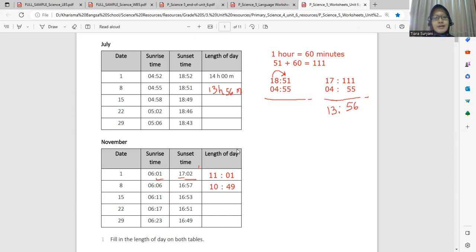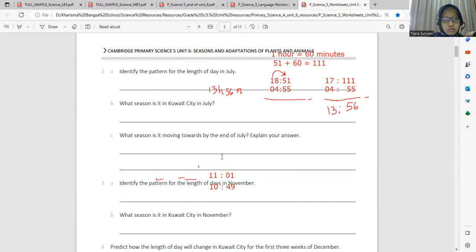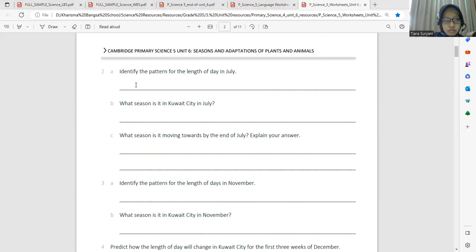So it is going from summer, but it's the end of the summer maybe, and starting to enter autumn, moving toward autumn by the end of July.